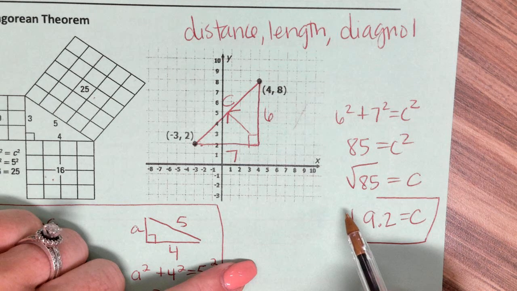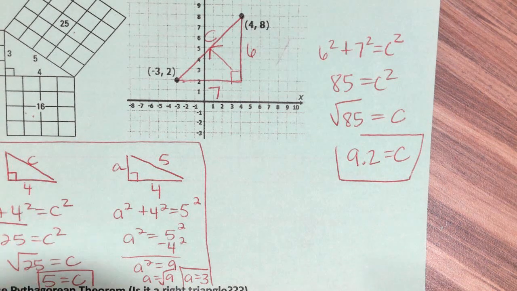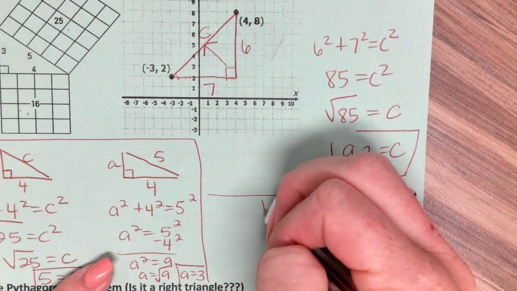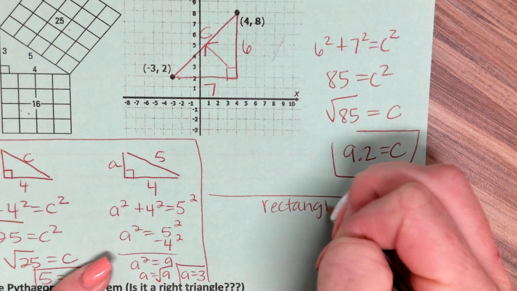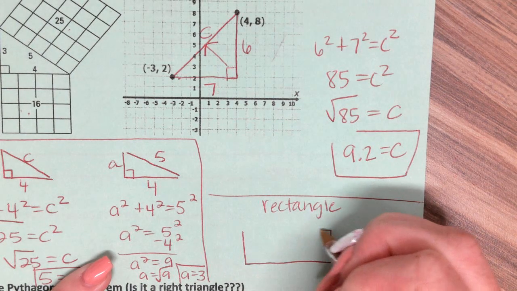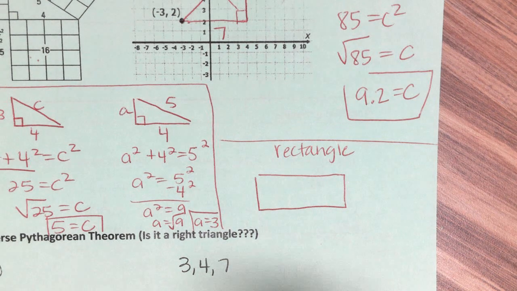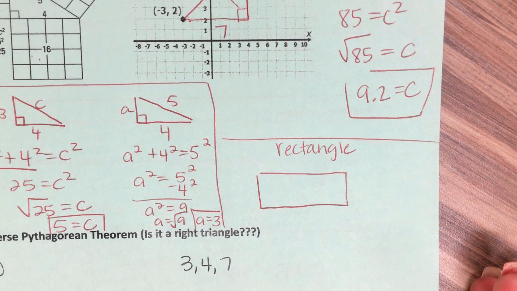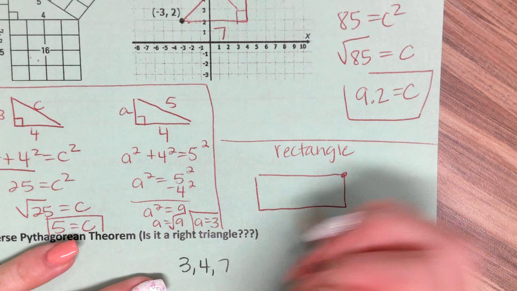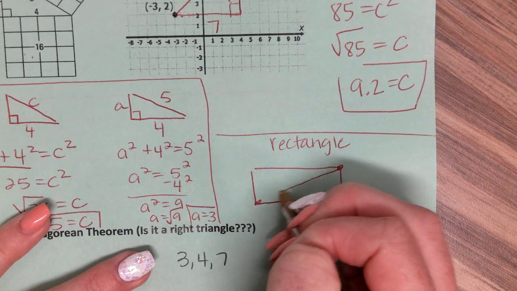Okay. The only other way I've seen them ask a Pythagorean theorem question is to tell you to draw a rectangle. If they tell you to draw a rectangle, then draw a rectangle. So how could this possibly be a Pythagorean theorem question? What would they ask? For the diagonal from here to here.